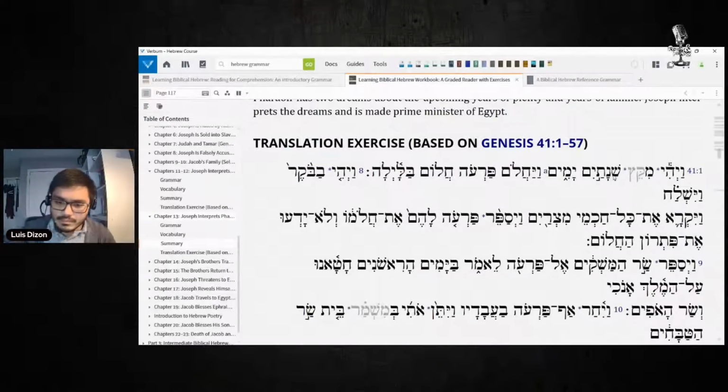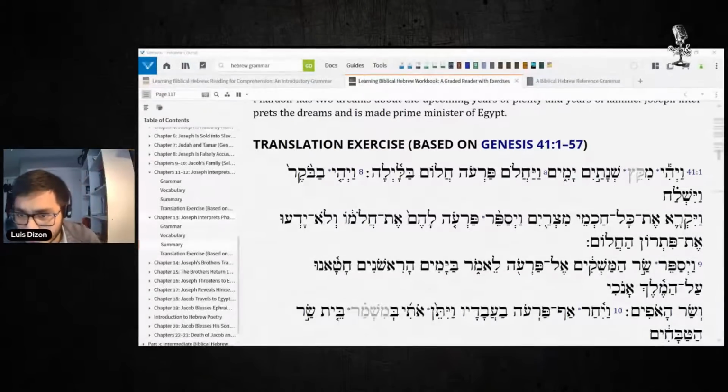So as we usually do, we will look at some of the verbs that occur here. So yachalom and vayhi. So vayhi is the preterite or vaiktol form of haya. So here is the basic form haya.